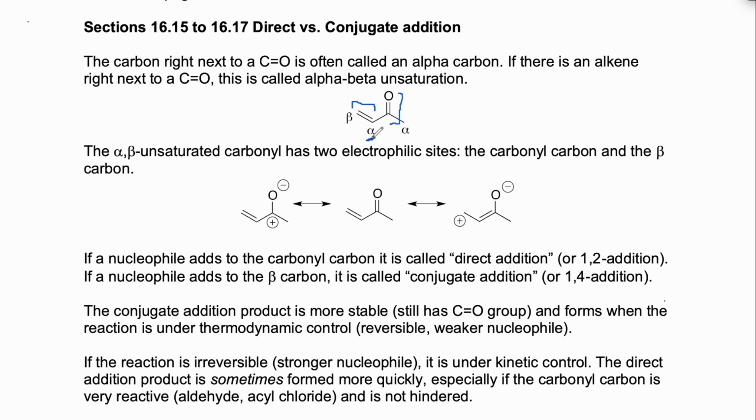So the alpha carbon is the carbon right next to a carbonyl. There's 2 alpha carbons here next to this carbonyl because we have a ketone. But this side over here has alpha beta unsaturation.